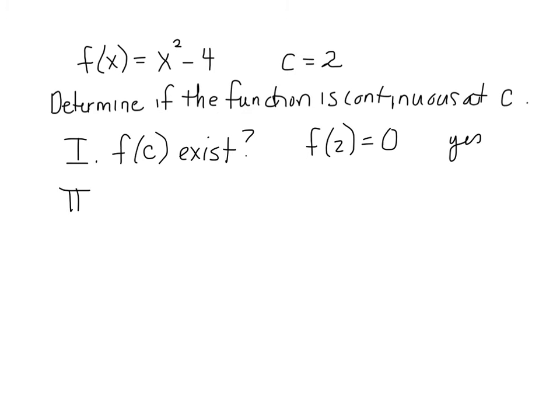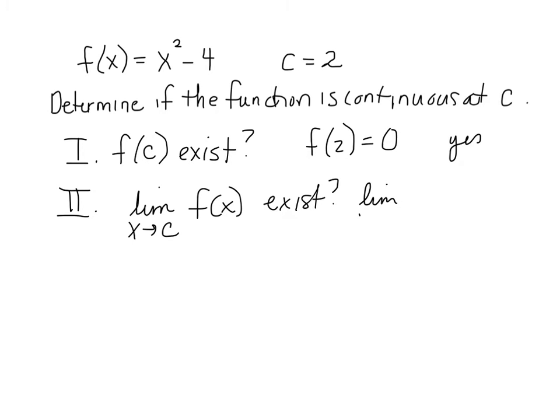The second thing we ask is, does the limit as x approaches c of f of x exist? We plug it in, and we find that the limit as x approaches 2 of x squared minus 4 is equal to 0.